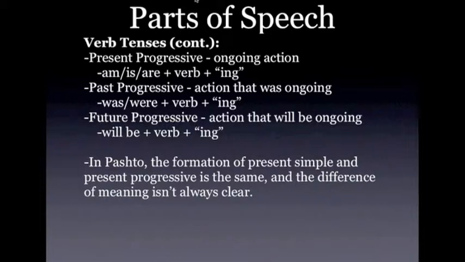Past progressive is simply an action that was ongoing in the past. So it would be the verb was or were plus the verb plus ing. The example here, I was running yesterday.